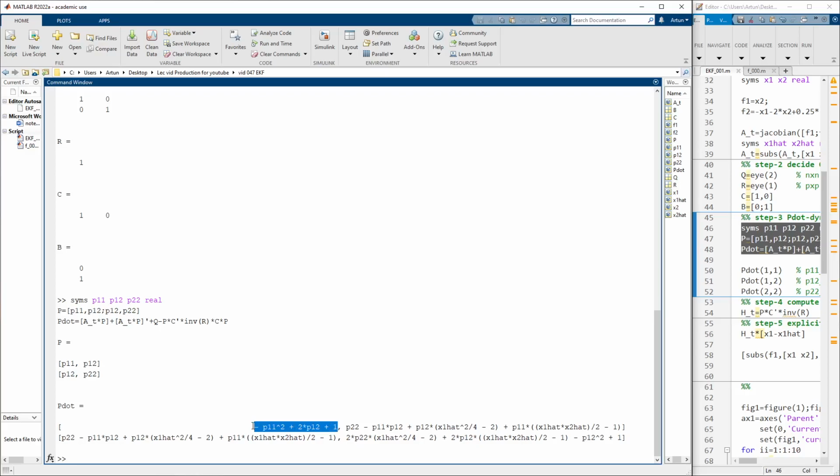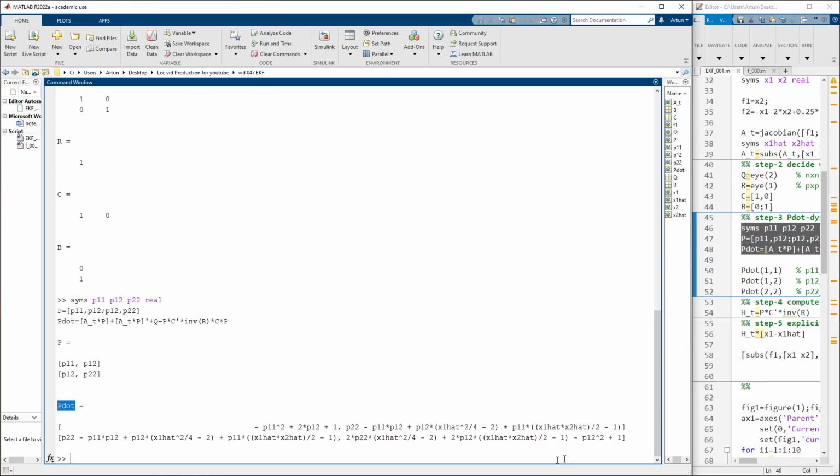And by the way, this is something that we're going to do in a minute, right? Of course, this term and this term are the same because P is symmetric.